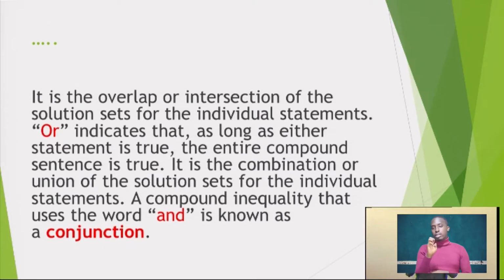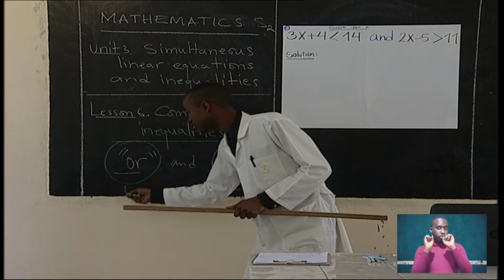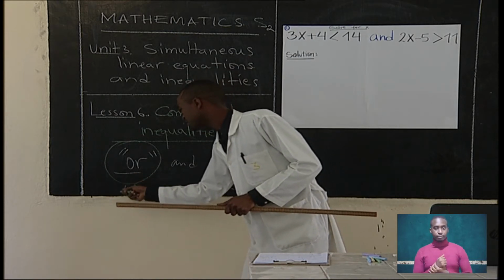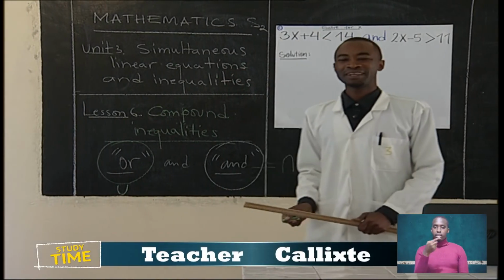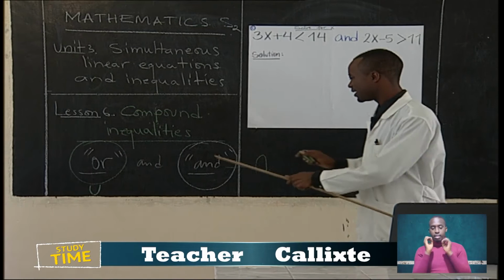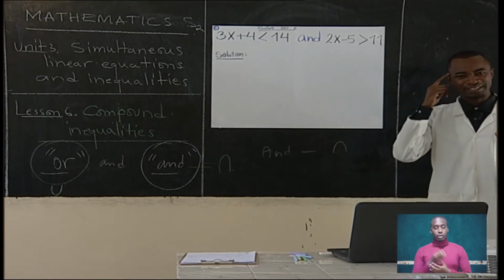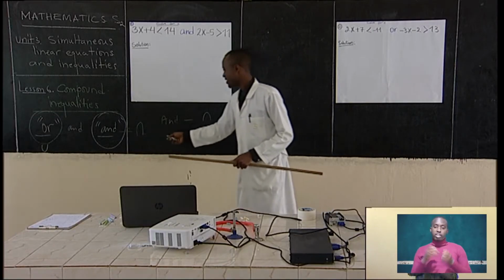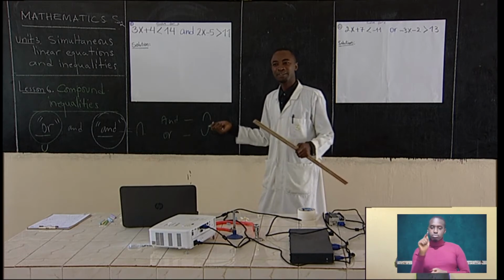In other words, if I have this word or, the solutions that we get at the end will be symbolized by this sign for union. Simply, if I have and, put this in your mind, you have intersection. If I have the word or, you have union.